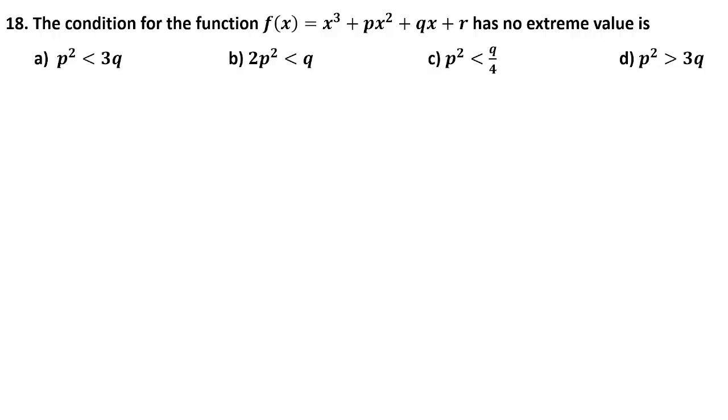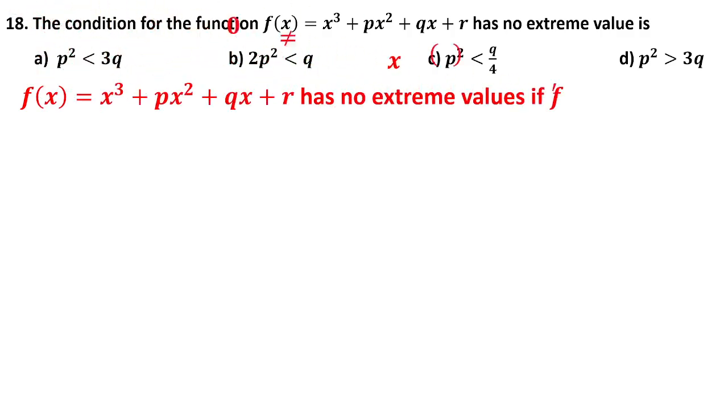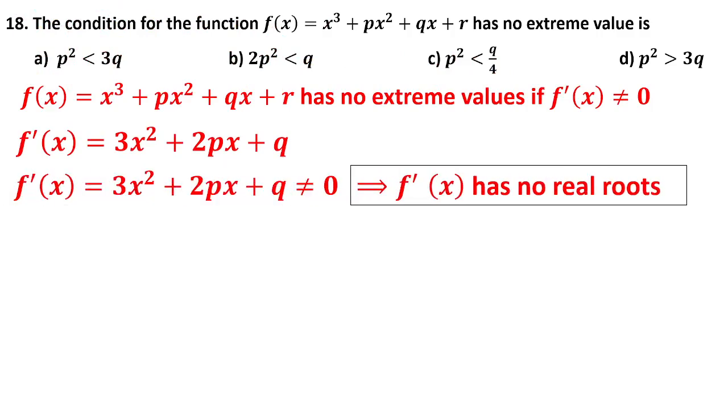Let us go to question number 18. The condition for has no extreme value. All of you know that for finding the extreme value, we have to equate f dash of x to 0. But as it is not having any extreme value, f dash of x is not equal to 0. Therefore, this has no real roots. This is a quadratic equation. It has no real root. Therefore, its discriminant, that is b square minus 4ac, should be less than 0.